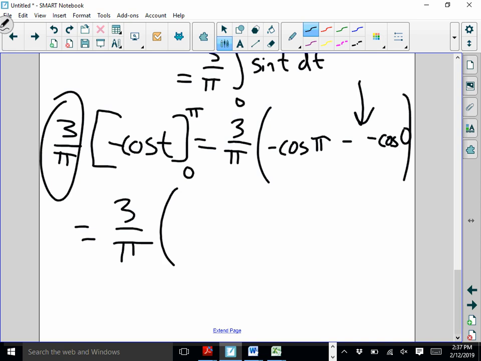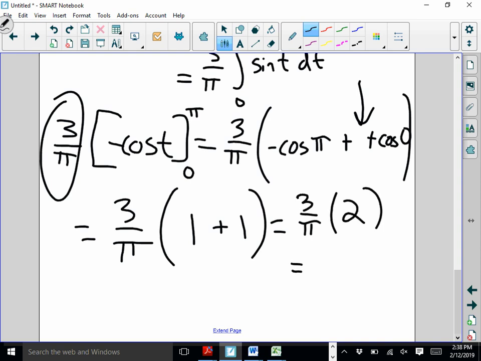This becomes plus, cosine of 0 is 1. So I get 3 over pi times 2, so I get 6 over pi. But I have to consider the units here. Since I was doing the average value of velocity, it should be in velocity units, which is meters per second.